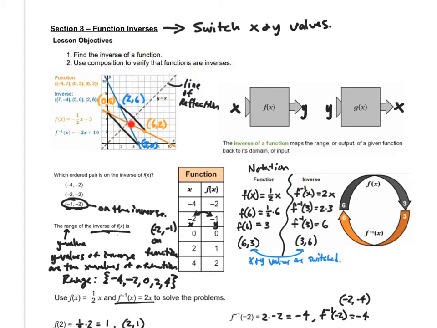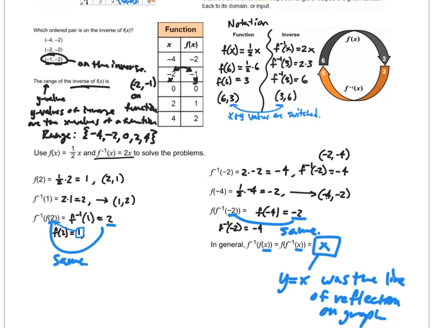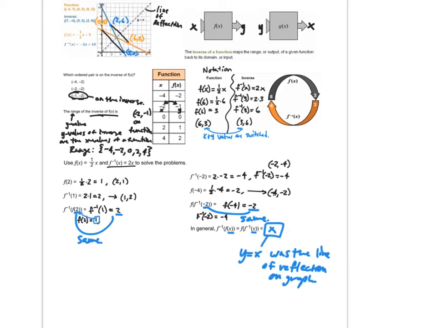That's what an inverse does. So when you take a function and its inverse, and you do the composite function where you plug in the function into the inverse, you will always get the value of x, and that's how you can tell if you have an inverse.